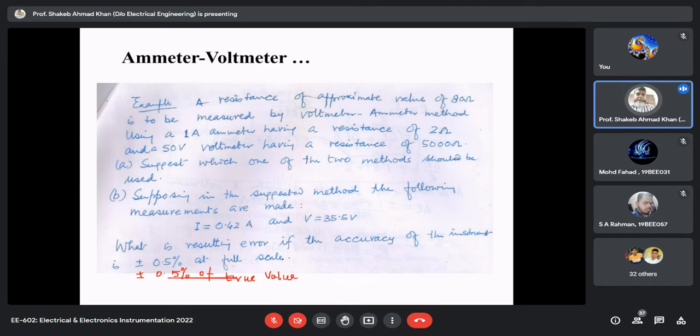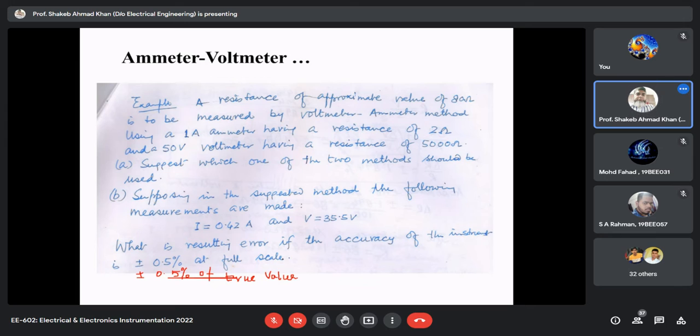Suppose I'm taking your voltmeter whose range is 50 volt. When you are measuring 50 volt, then your error is plus minus 0.5%.